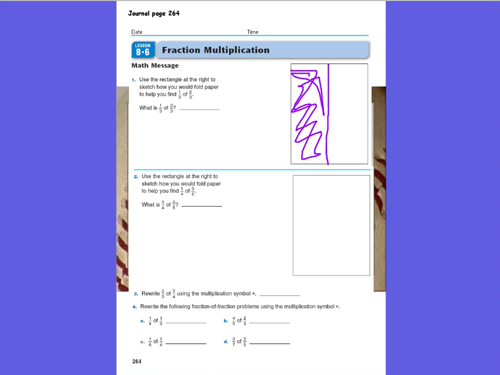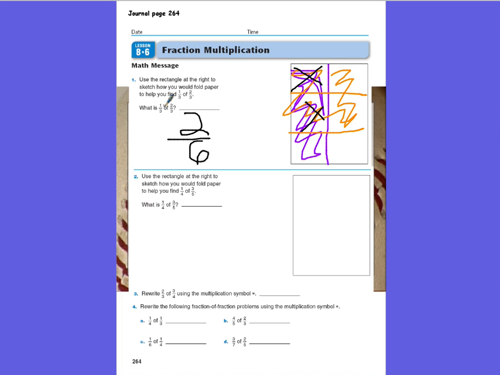And now I'm going to do 2/3. There are my thirds. How many have both colors? Remember, we put an X on that. And we have 2 out of the 6 pieces.